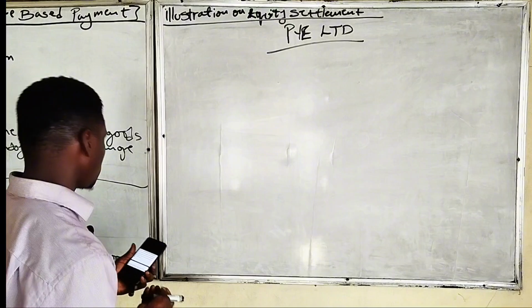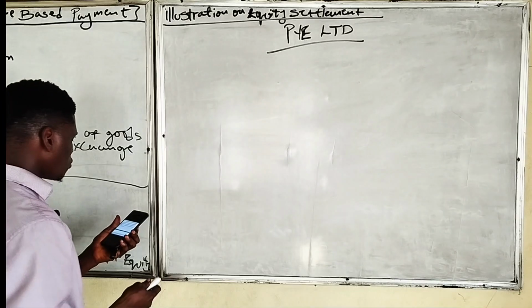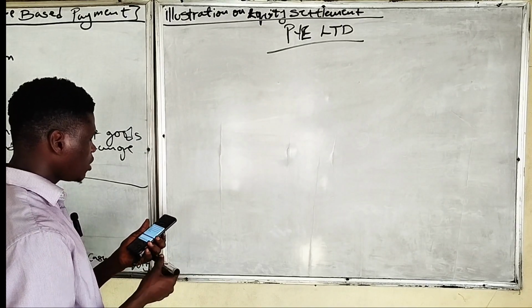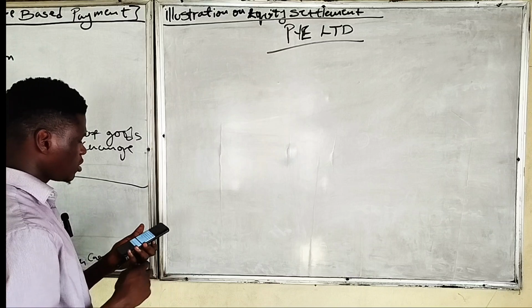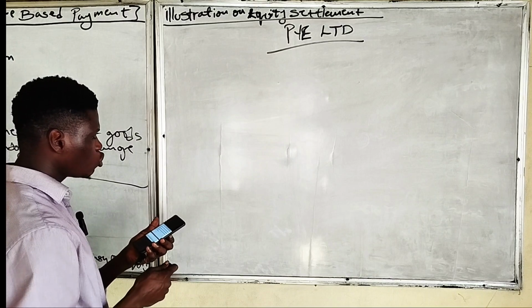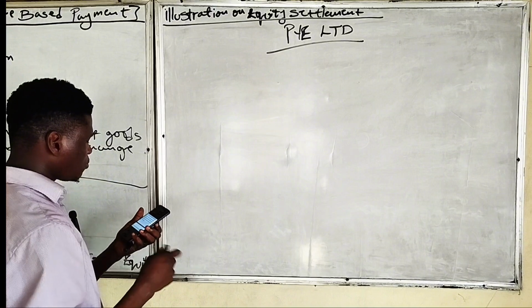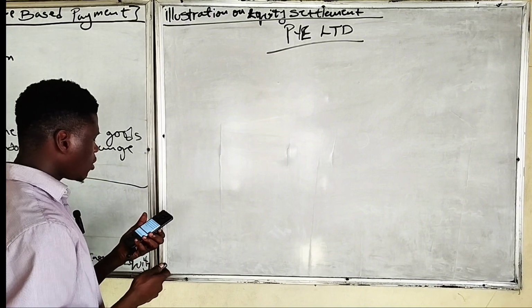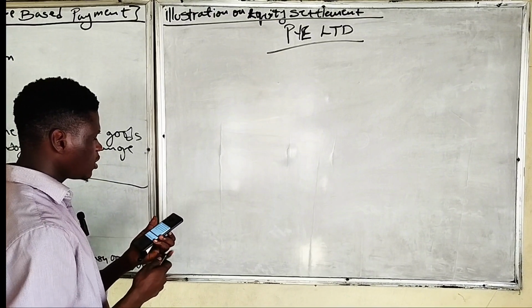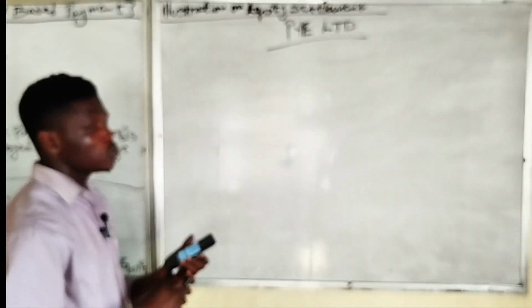It does not revolve around more than those payments. So on 1st January 2014, Pi Limited grants 200 share options to each of its 500 employees. Each grant is conditional upon the employees working for the entity until 31st December 2017.